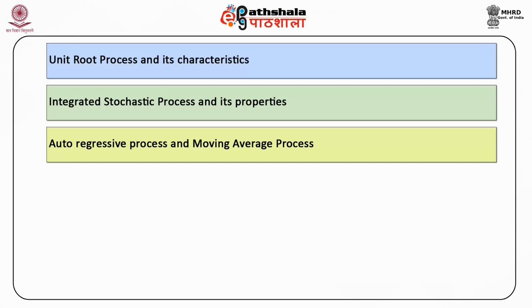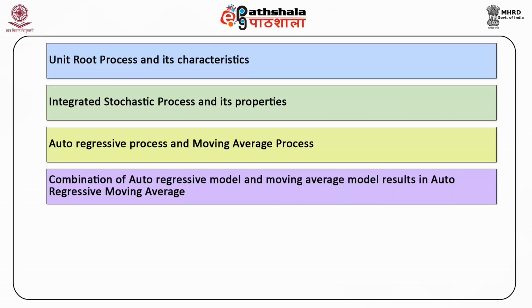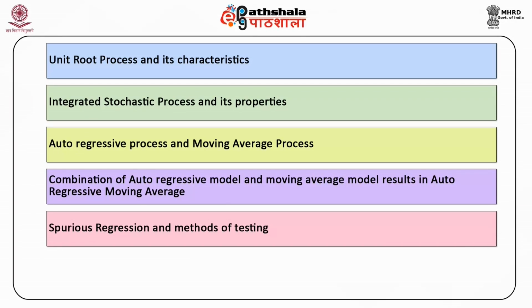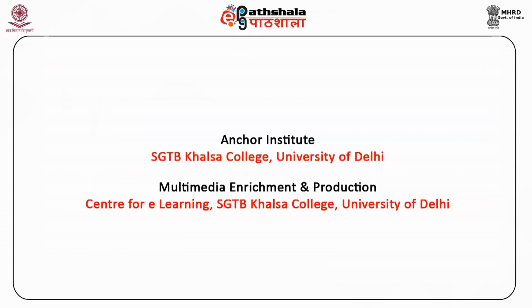Next, we learned that the autoregressive moving average, that is ARMA process, is the combination of both the autoregressive model and the moving average model. And finally, we studied the spurious regression and its methods of testing.